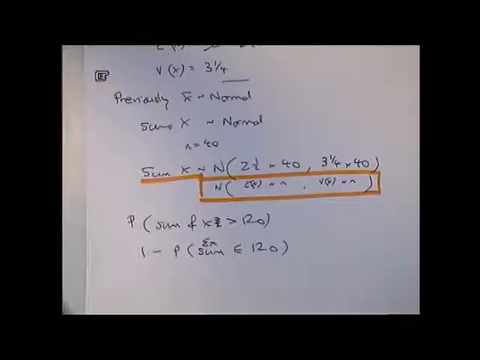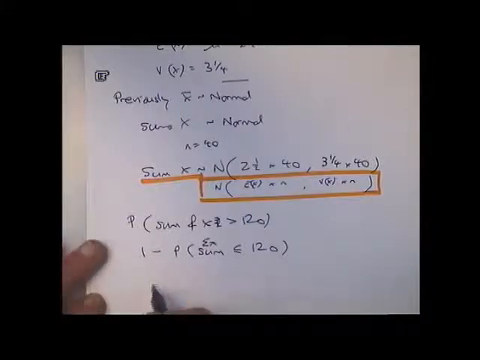Actually, you can't do what I just said. This bit's fine, but the next bit, can you just go straight into the phi-ing? There's one other thing you've got to do here: the continuity correction. With x bar, it can be a decimal, it can be an average, because it's an average of the means. But this is just a total of discrete numbers, so it itself will be discrete.